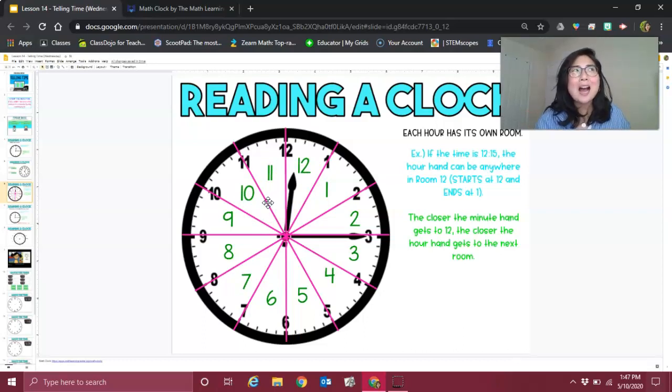Now, how many hours are on a clock? Well, if you said 12 hours, you're correct. We have 12 hours. Isn't that interesting that we can split up a clock into 12 equal parts and that we also have 12 hours on a clock?